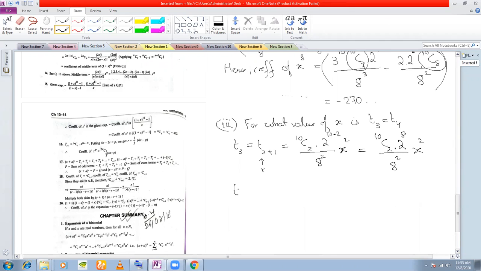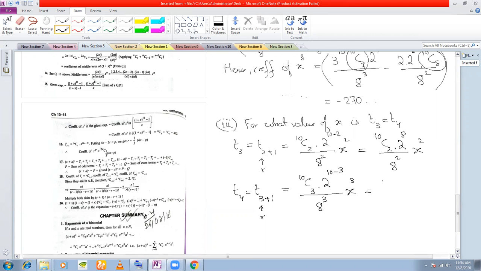Let's find T4 first. T4 is T3 plus 1, so this is your r. So this is 10C3 into 2 to the power of 10 minus 3 divided by 8 cube into x cube.